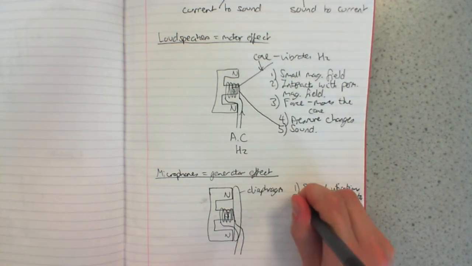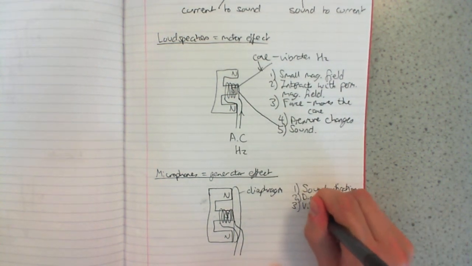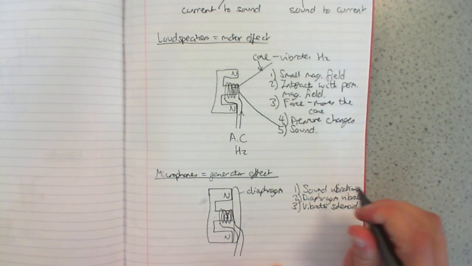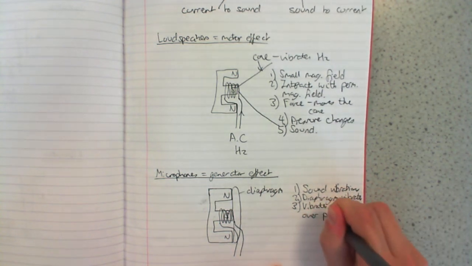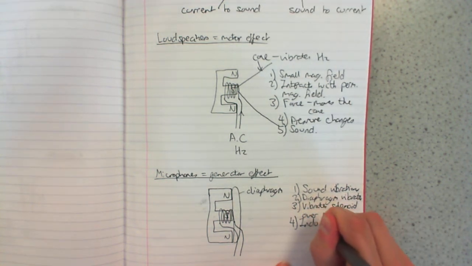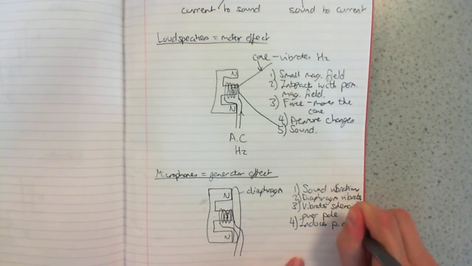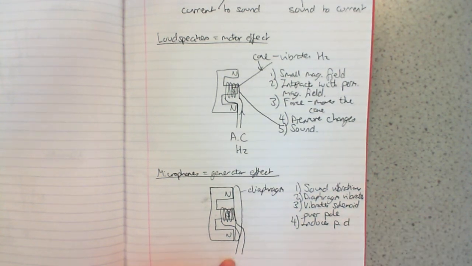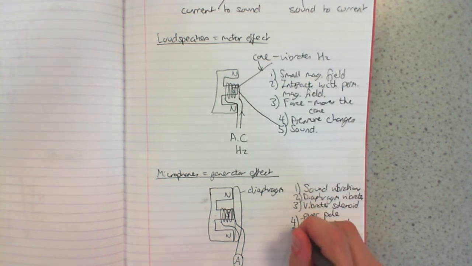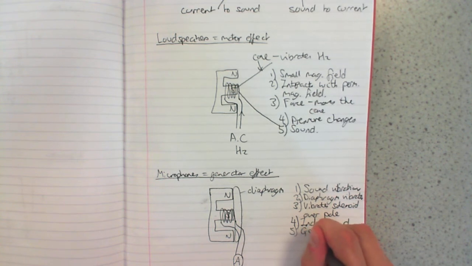So third step, vibrates solenoid over the pole, and that induces potential difference. And because this is part of a complete circuit, let's put the ammeter in to make it a complete circuit, because it induces a potential difference, that generates a current.